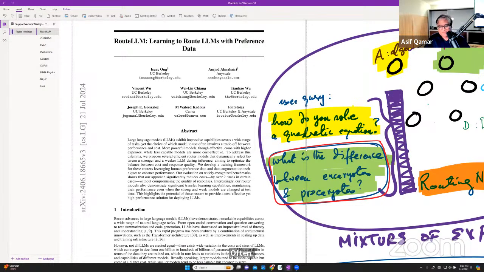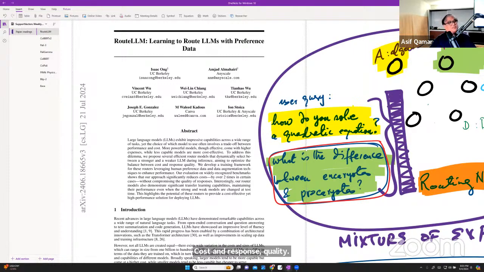More powerful models, though effective, come with higher expense, while less capable models are more cost-effective. No brainer, right? We all know that. To address this dilemma, we propose several efficient router models that dynamically select between a strong and a weak LLM during inference, aiming to optimize the balance between cost and response quality. We develop a training framework for those routers, etc.